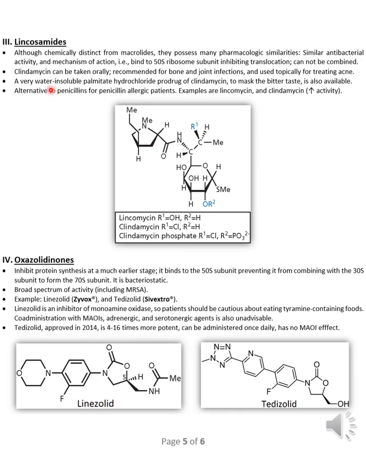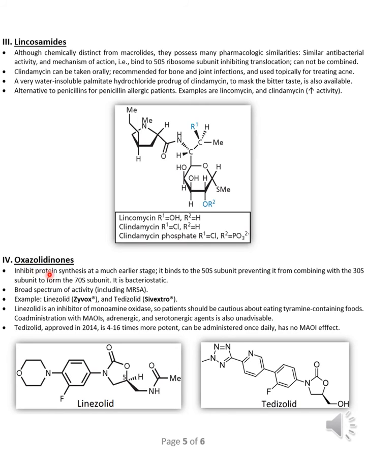It is also a form that's available orally. And just like the macrolides, clindamycin can be used for people who are allergic to penicillin. So in case you cannot give penicillin, these are among the alternatives besides the macrolides.